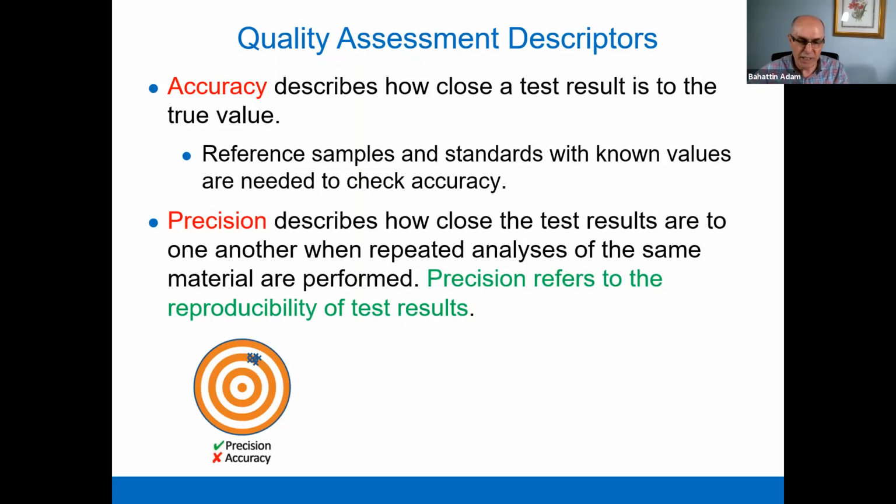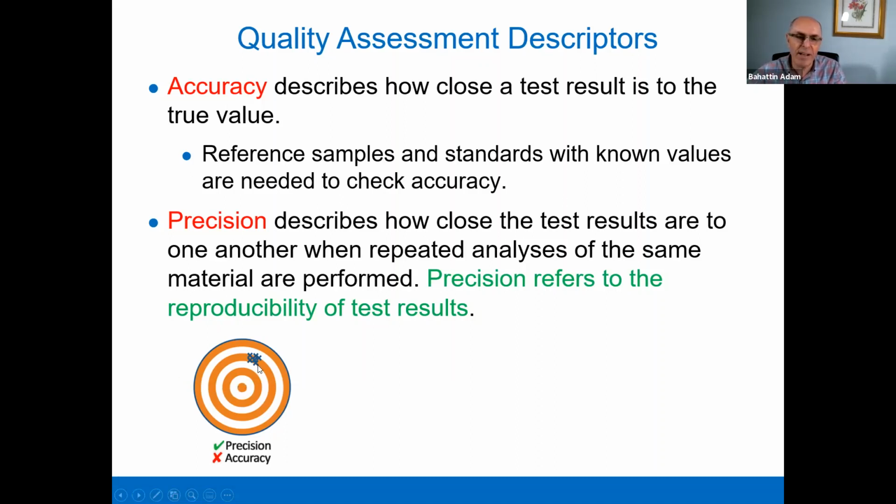Now, as you see in these diagrams, these are the test results. Here is our target value, let's say a cholesterol level of 200 milligrams per deciliter.